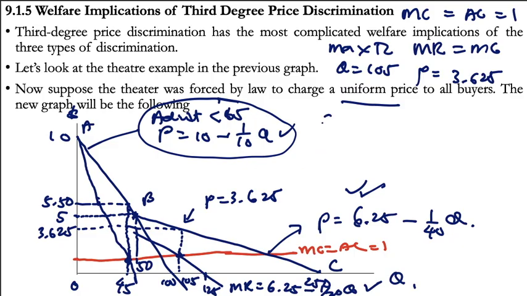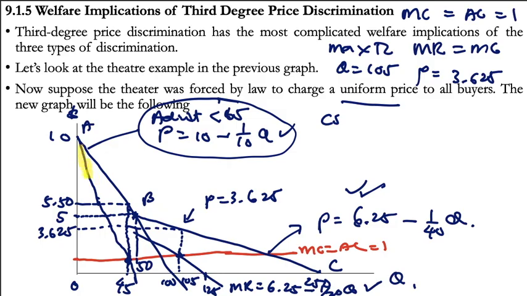Okay, consumer surplus. How to calculate the consumer surplus here? The consumer surplus is actually the area of this. So let me draw it. Consumer surplus is actually this area.